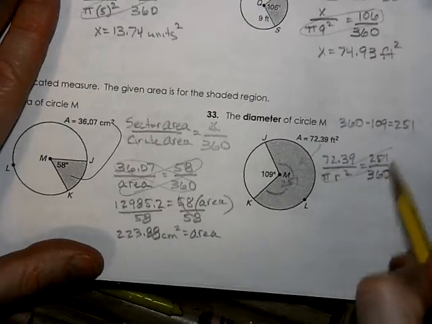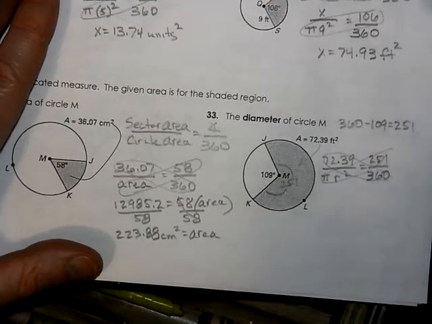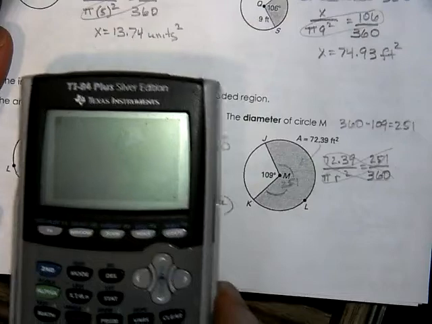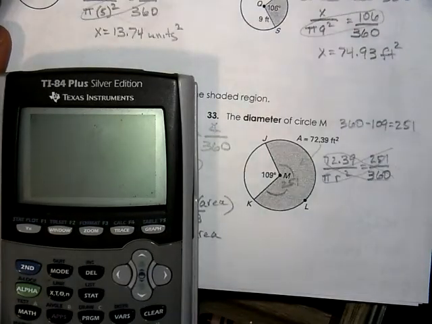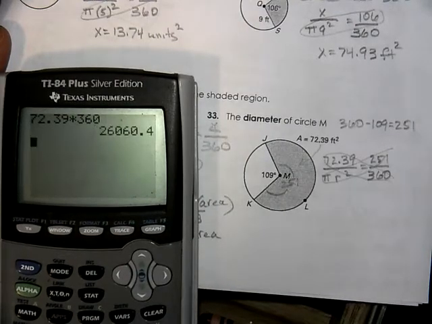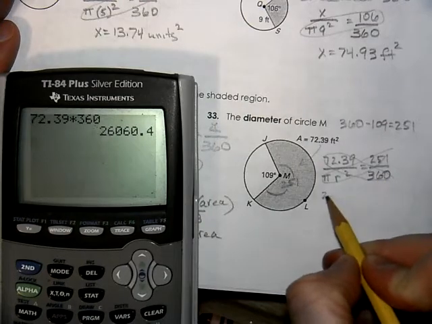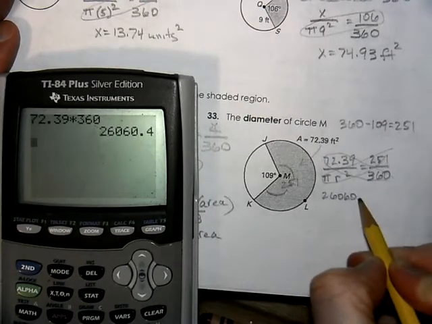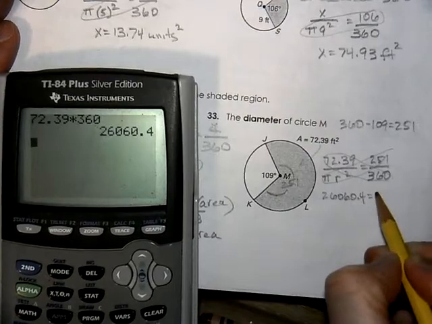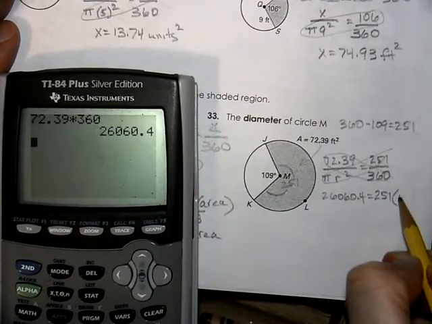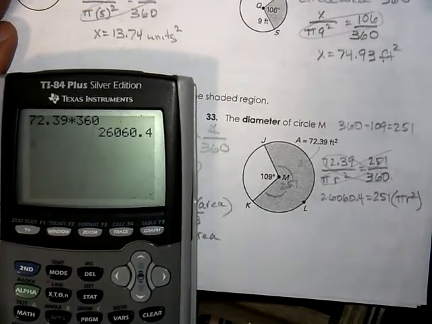So we'll cross multiply. 72.39 times 360. That gives us 26,060.4 equals 251 pi r squared.